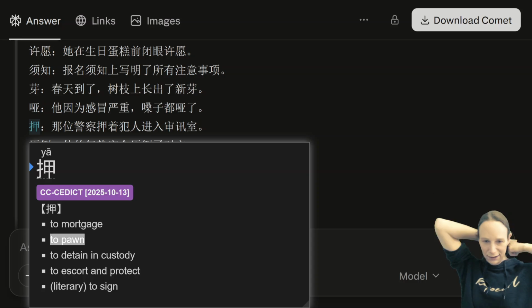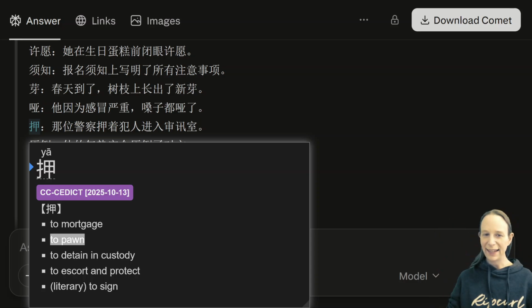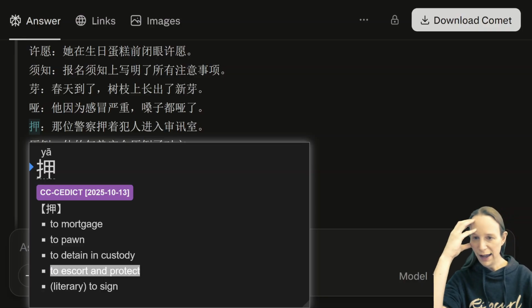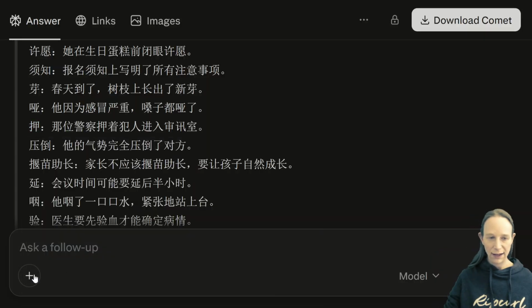I guess pawn, you're basically selling it, right? You're selling it to someone who buys secondhand goods, I guess. I don't know, what's the difference? Escort and protect. Oh yeah, you see that one on armored vehicles, don't you? Okay, I think.